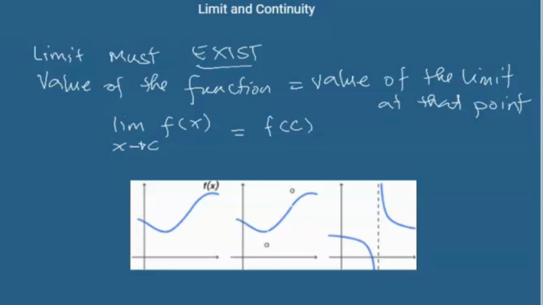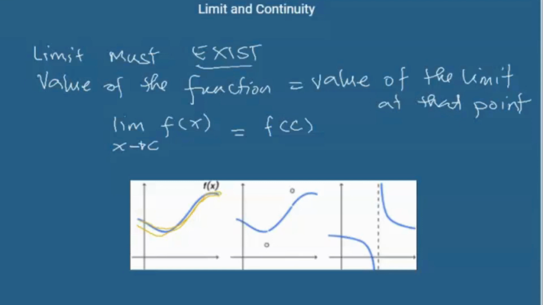Like the first example, if we trace the graph, our pen didn't lift from the page, it just flows continuously. So a function is continuous if you trace the graph with a pen and the pen doesn't lift from the page.